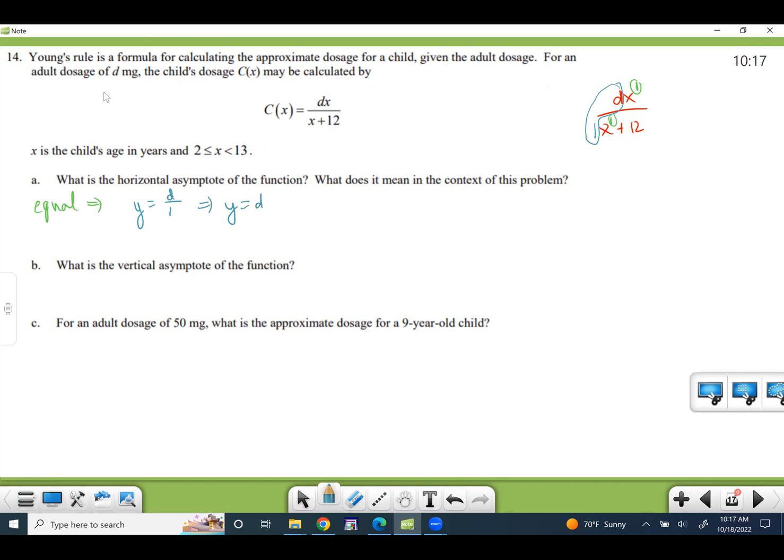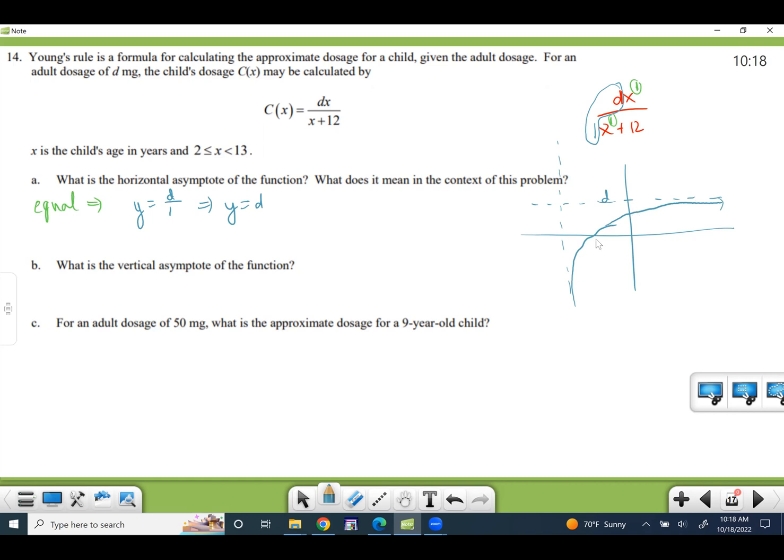Okay, so D is the adult dosage, right? D is the adult dosage. So what does it mean in the context of this problem? If my horizontal asymptote is D, right, then what's going to happen is the children's dose is going to, and by the way, there's a vertical asymptote here. The children's dose is going to approach that as we go more and more towards the right.